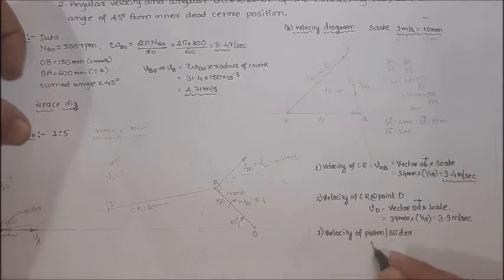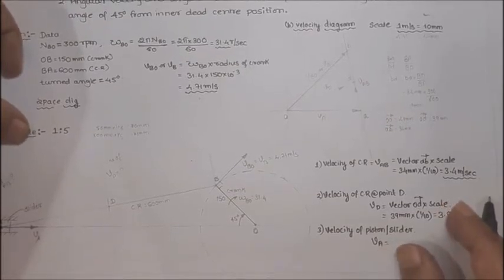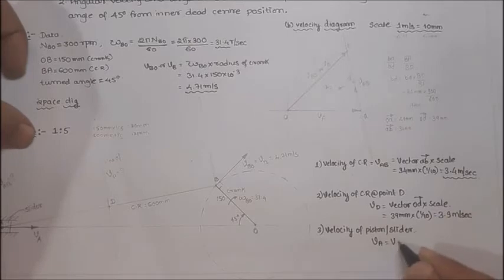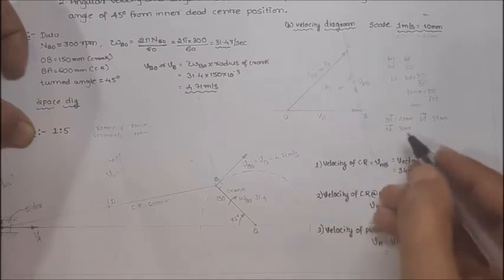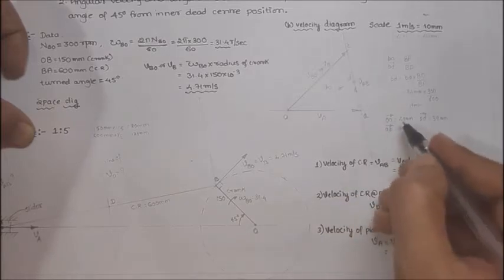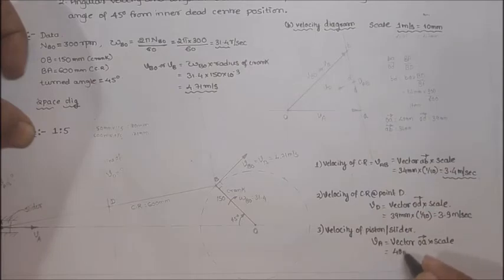So velocity of A is vector OA into scale. It is equal to vector OA. So we got how much? We got 40 mm into 1 by 10. So it will be equal to 4.0 meter per second.